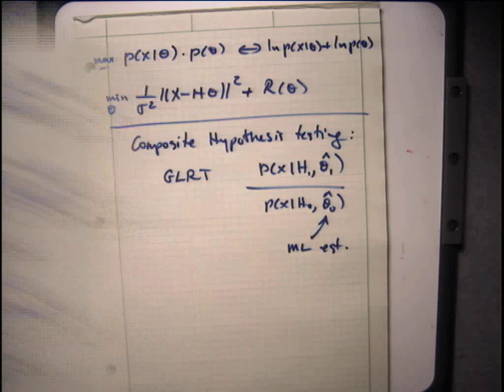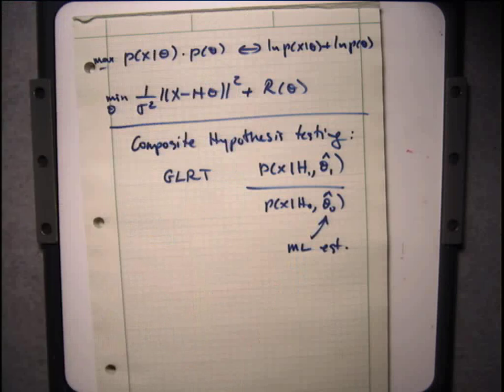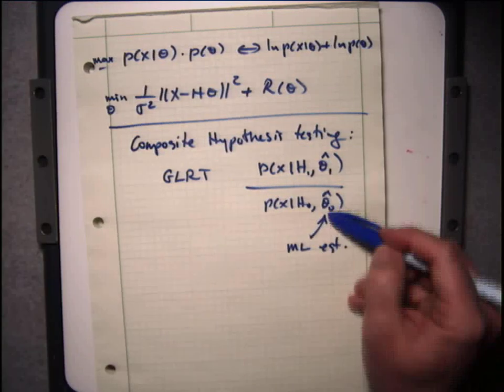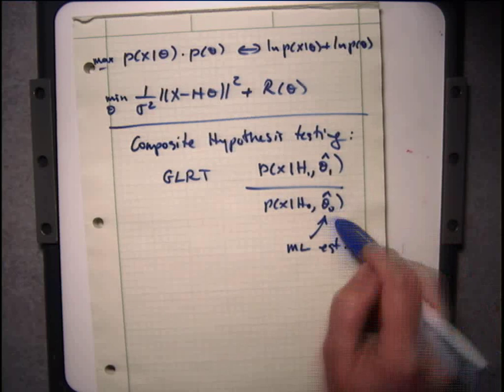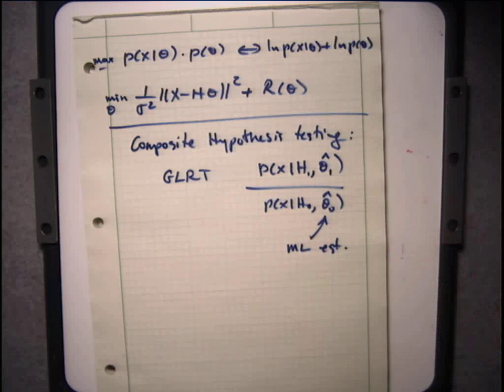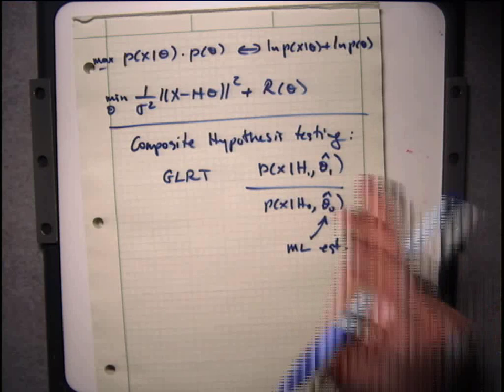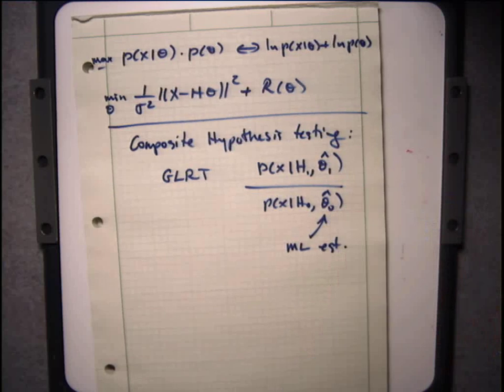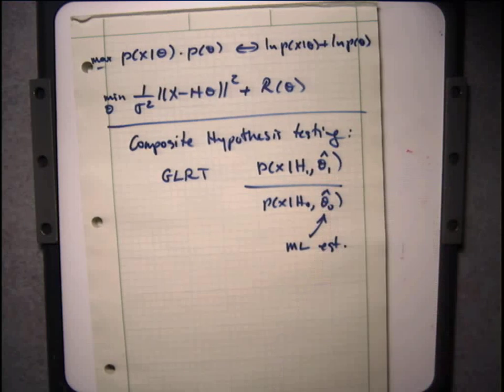Okay. One other thing that I want to warn you about is that these quantities are not the numerical values of the maximum likelihood estimate that are getting plugged into here. These are the expressions for the maximum likelihood estimator that are getting plugged into this equation. Is that clear?